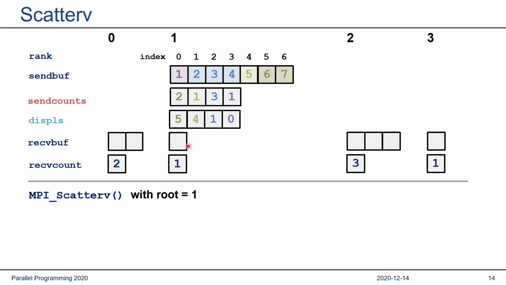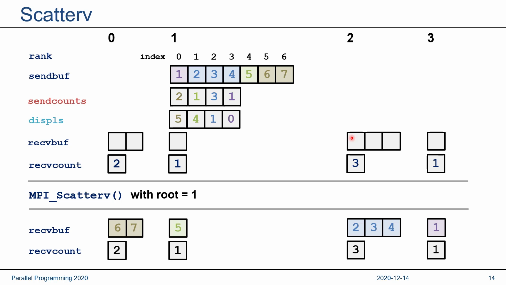On the receiver side, of course, the receivers have to keep local receive buffers which are large enough to hold the respective chunk sizes that are to be sent from the sender. And of course they have different receive counts since the chunk sizes are different. After scatter V returns, this is the situation.